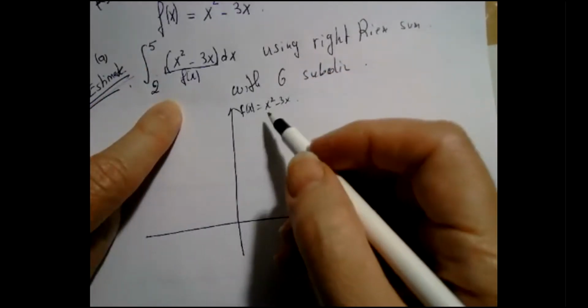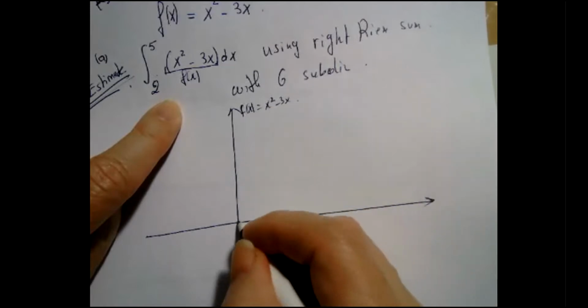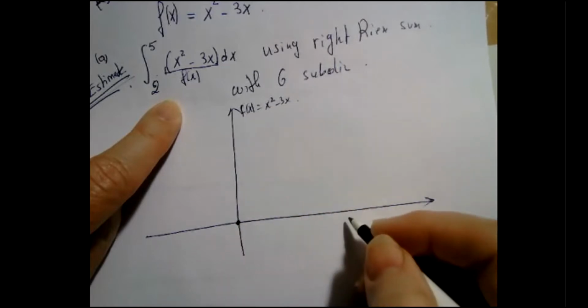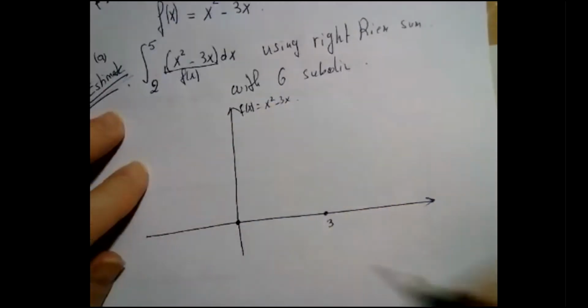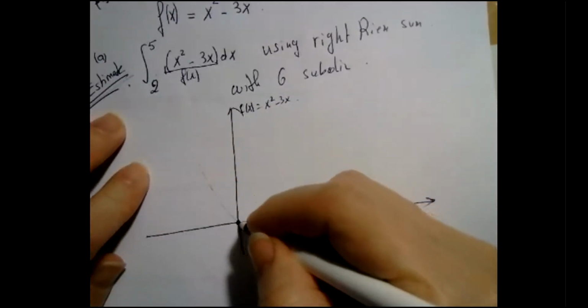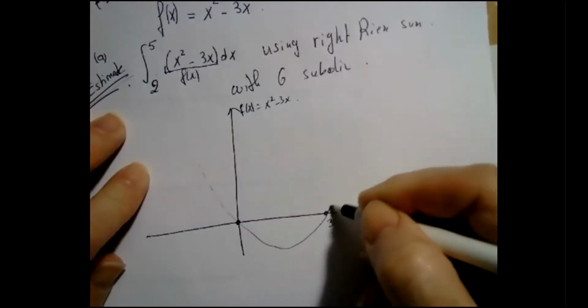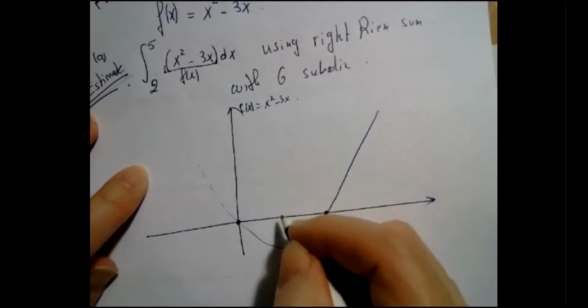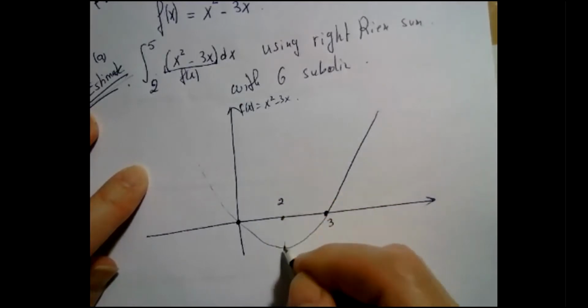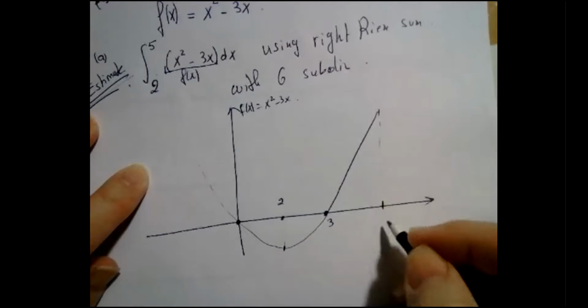So that's a parabola. It's 0 at 0, and it's 0 when x equals 3. So it should look something like that. That's my parabola, okay?